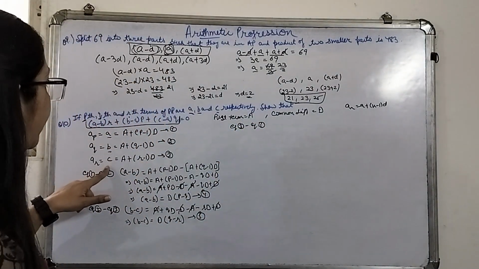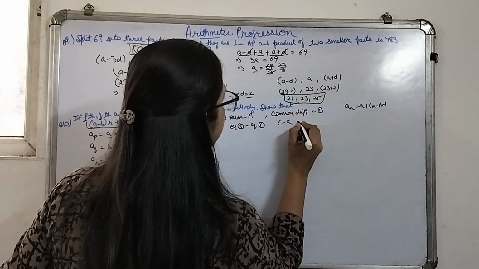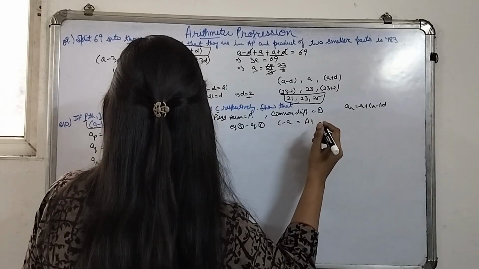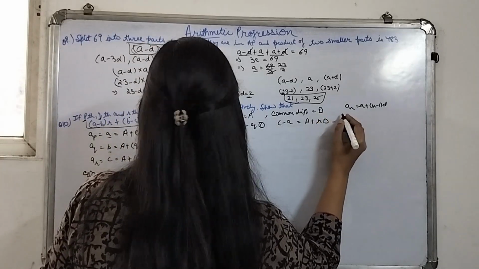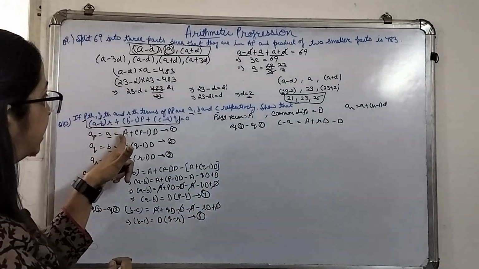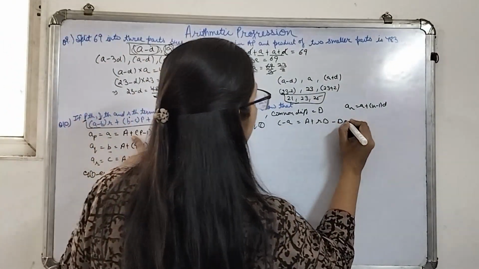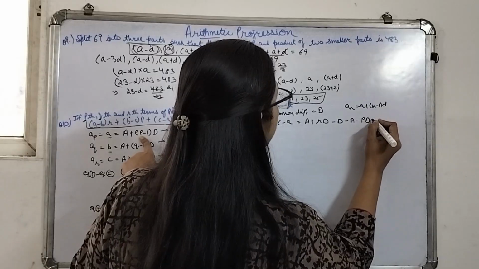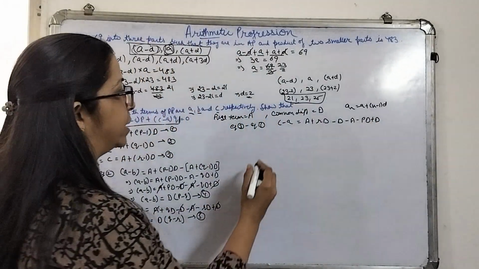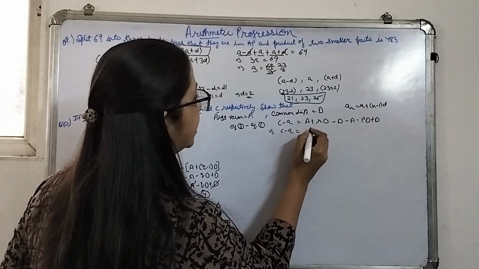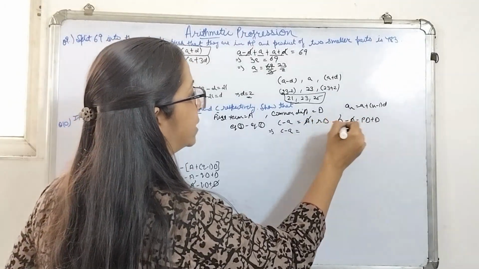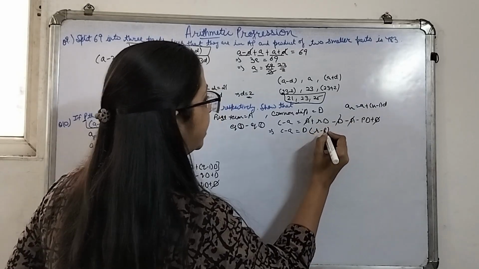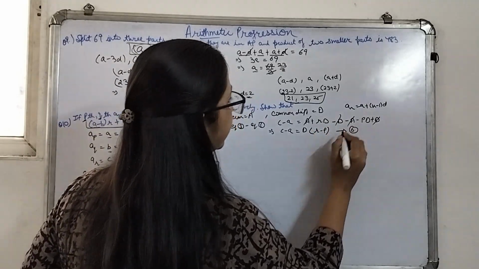If I subtract, it will be your C minus A. C minus A is equivalent to this equation: I will be writing A plus RD minus D. Now I will be subtracting this part from it, so it will be minus of A, minus of P into D and plus of D. That simply means the value of C minus A is, A minus A cancel, minus D plus D cancel, D could be taken common and it will be R minus P. Suppose this is your equation number 6.